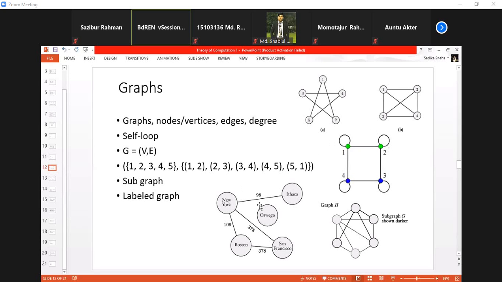The edges have some values. As you can see, from New York to Boston there is a value assigned. We can consider this value as the distance between them. The point here is, if the edges of any graph have some value, then it is known as a labeled graph.